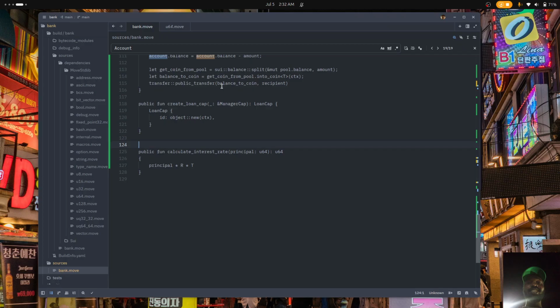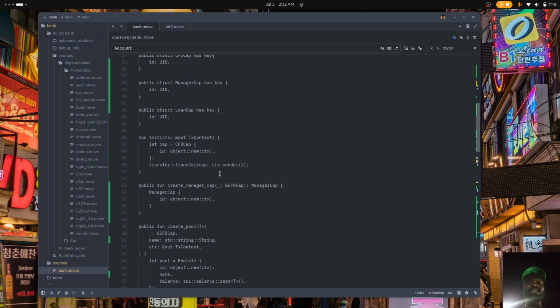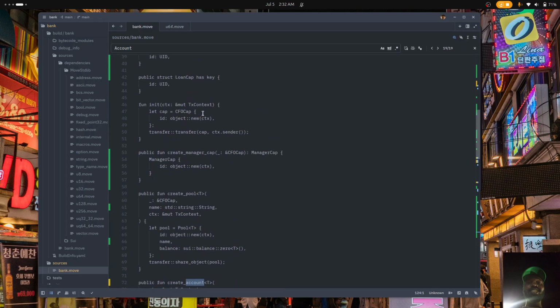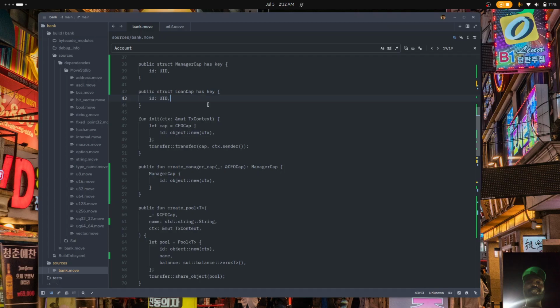And marks like what the loan cap could do, max amount. I can actually call it a policy. So the loan cap is not just hanging there. The loan cap has a policy.